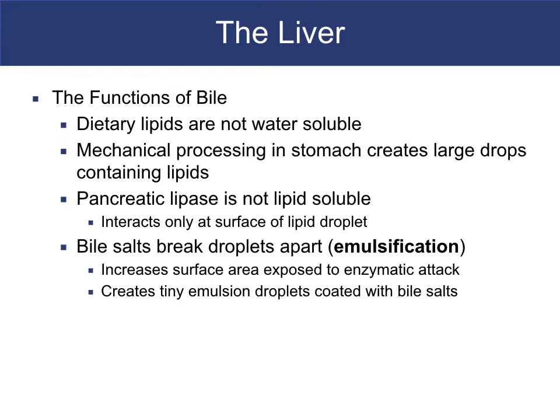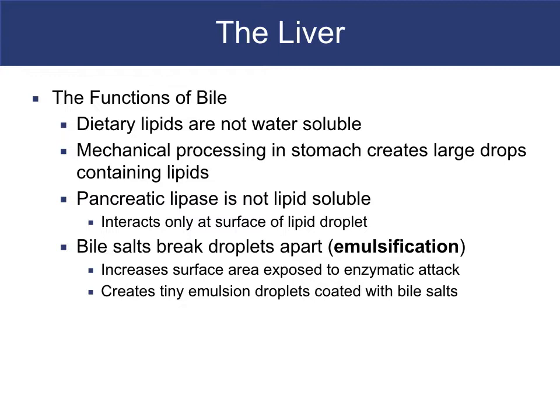Well, think about your Italian dressing. It's sitting there on the table and it's separated out, and there's oil on the top and vinegar on the bottom, right? And it's in big droplets, and you shake it once, and it forms some big droplets of oil. You can see them in there. But if you take it and really, really shake it, it becomes emulsified.